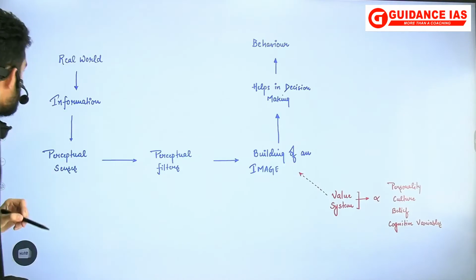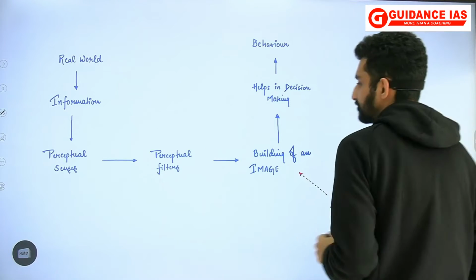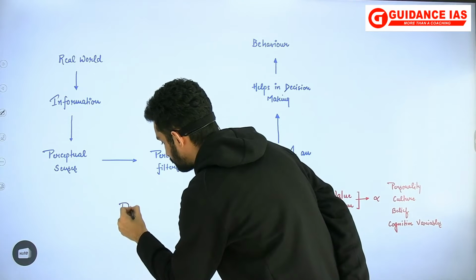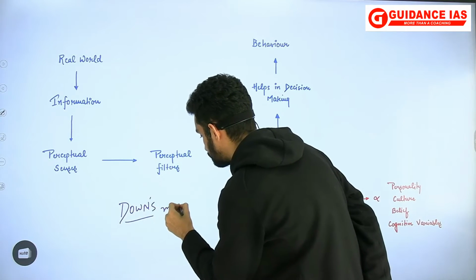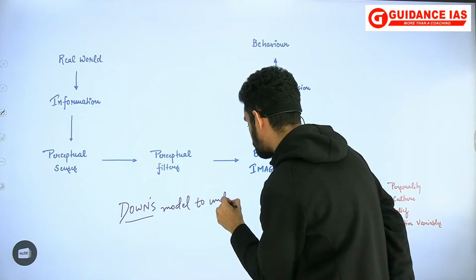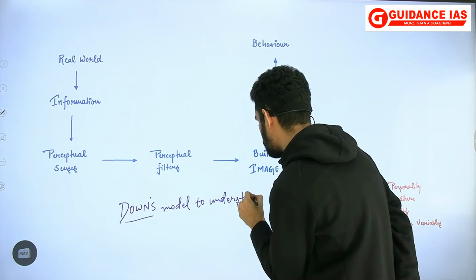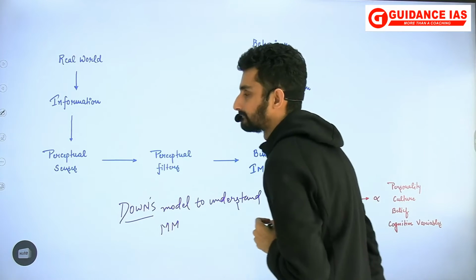So now, to again elaborate this particular mental image, we can use the Downs model to understand mental map or mental image.